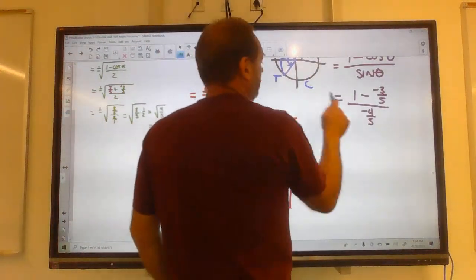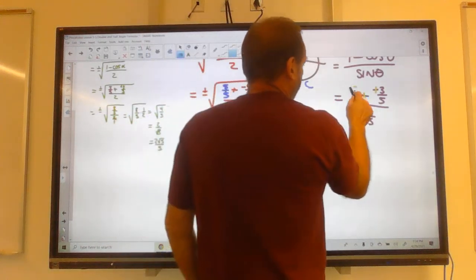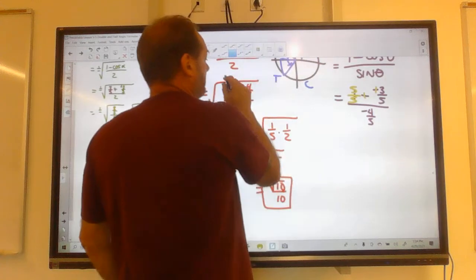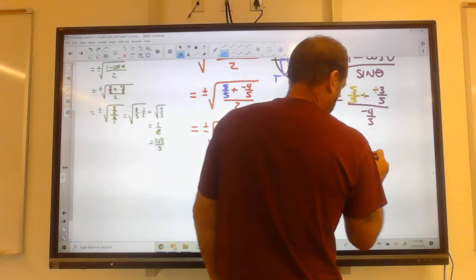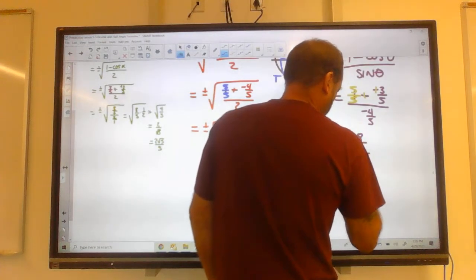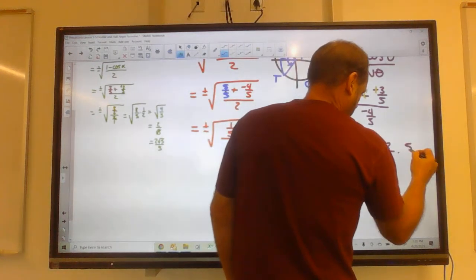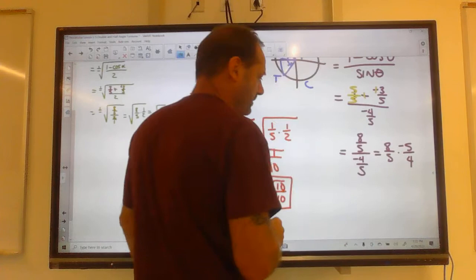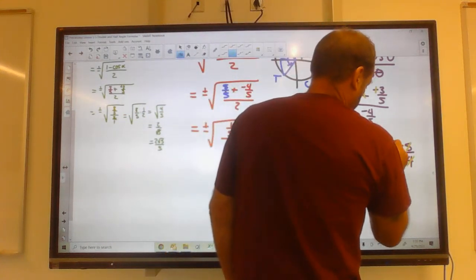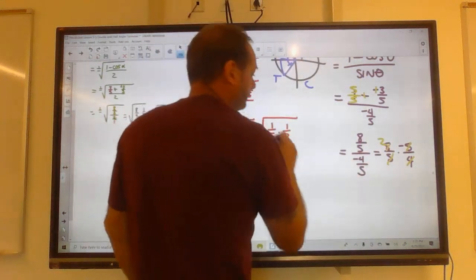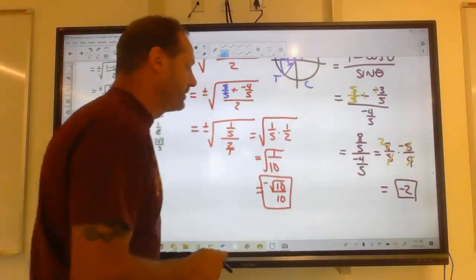Okay, so these cancel. Again, let's call this 5/5 right here instead of 1. So then I get 8/5 on top, divided by negative 4/5 on the bottom. So that's 8/5 times negative 5/4. And then the 5's cancel, the 4's cancel, and I just get negative 2.